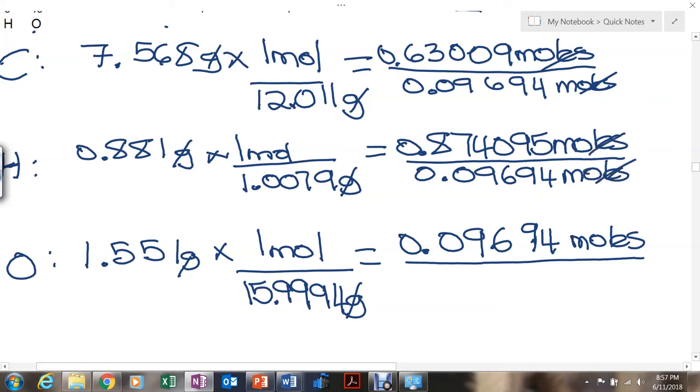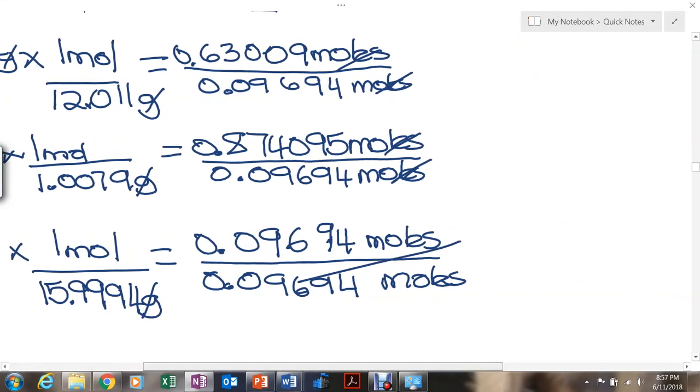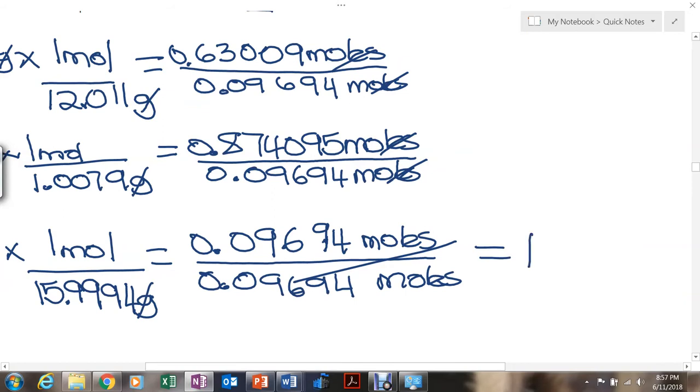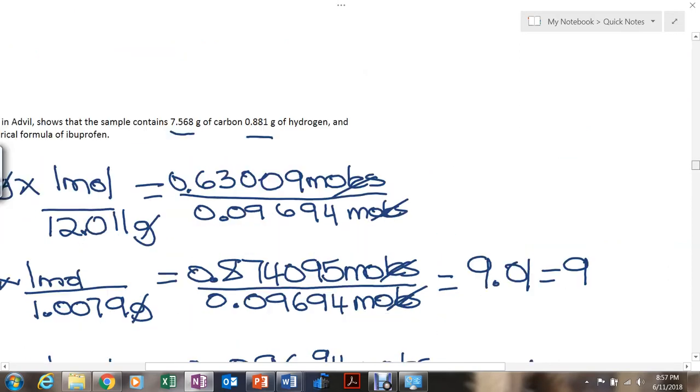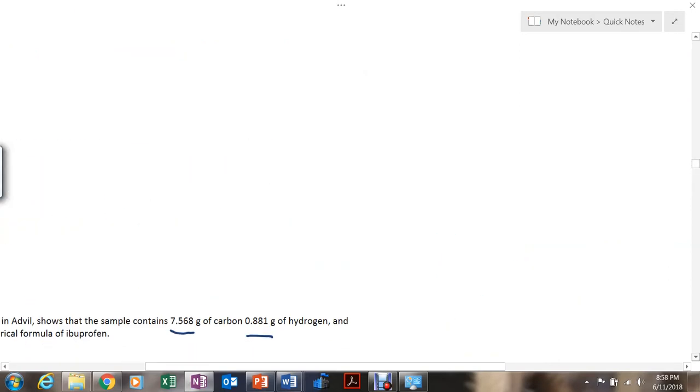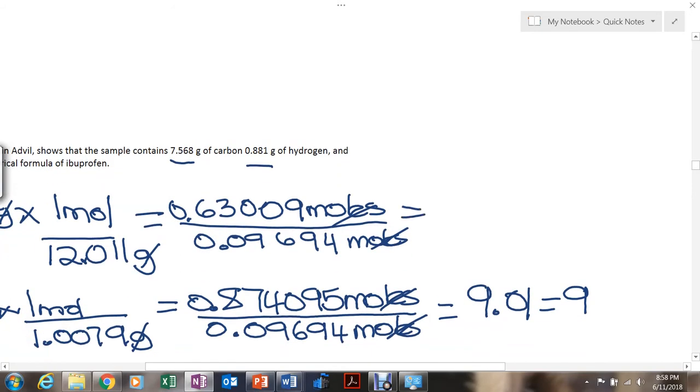Moles and moles cancel, and the oxygen is 1. The hydrogen would be 9.01, which in this case you can round to 9. And then the carbon is 6.4998, which is 6.5. You cannot round it.